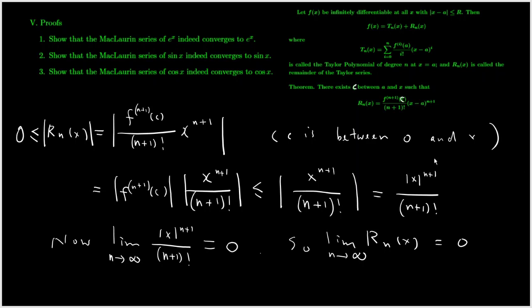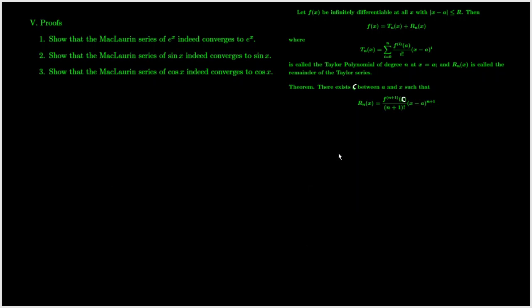At this point, we are kind of done, but to convince you more, I'm going to write a few more lines. Now let's recall what we mentioned before. This T sub n of x, the Taylor polynomial of degree n at 0, in this particular case actually is the partial sum of the Maclaurin series.